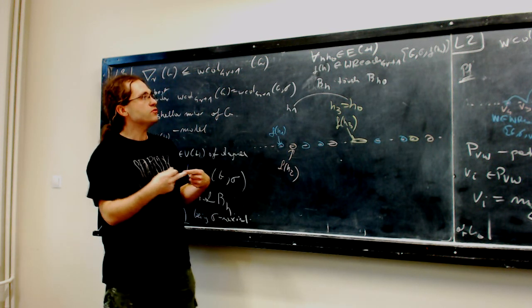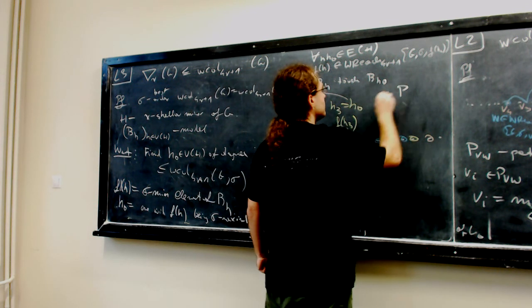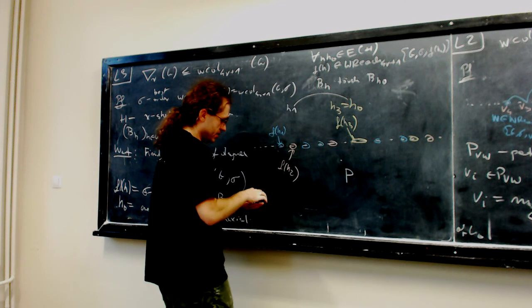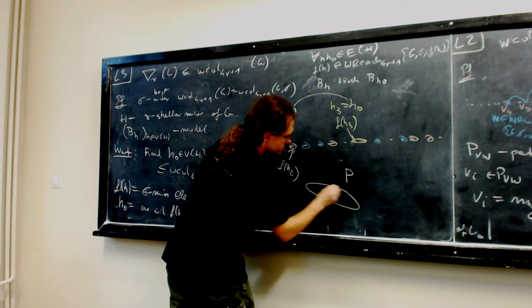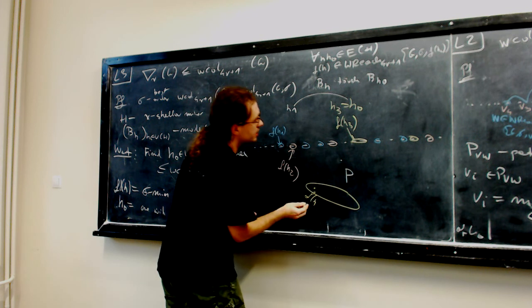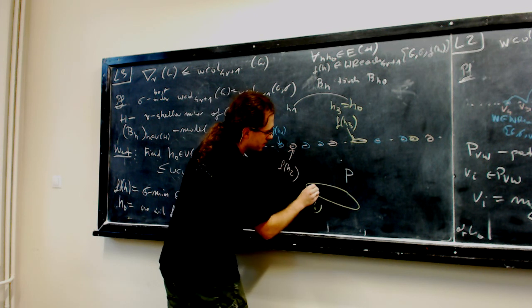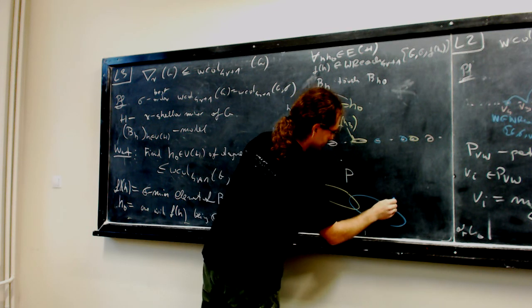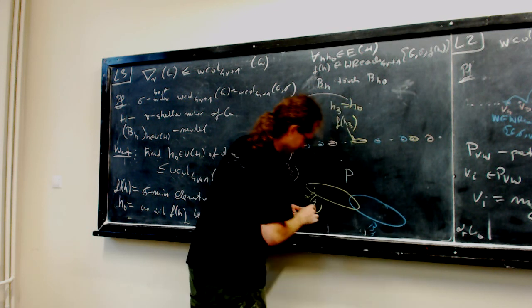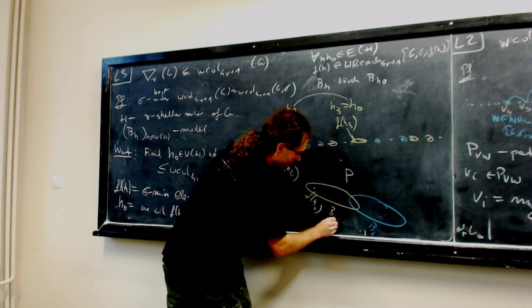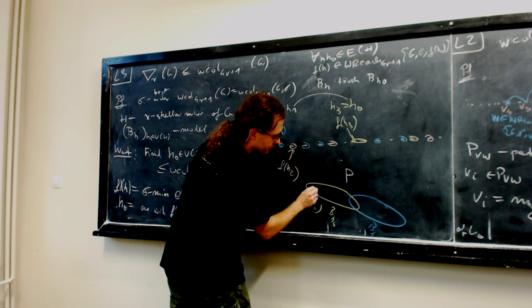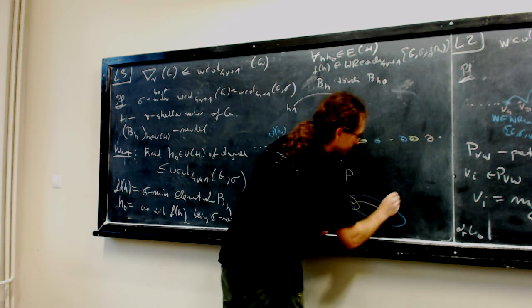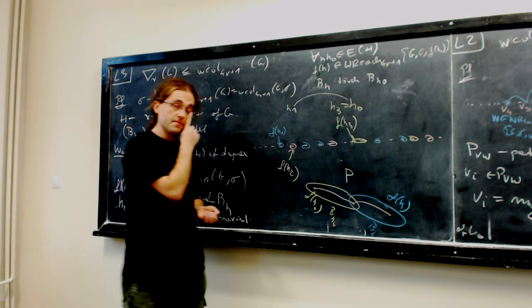So I can draw a path P that starts in f of h0, goes somewhere, and this is BH, this is BH0, and I can draw a path that goes through this blob, goes through the touching place, and goes somewhere here to f of h. I can draw this path.